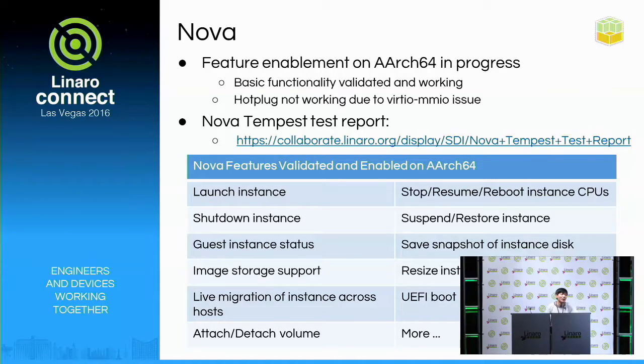So to make Nova accepted by the OpenStack community, we need to pass the Tempest tests. Almost all the Tempest tests now pass. We fixed some issues in the failed cases.